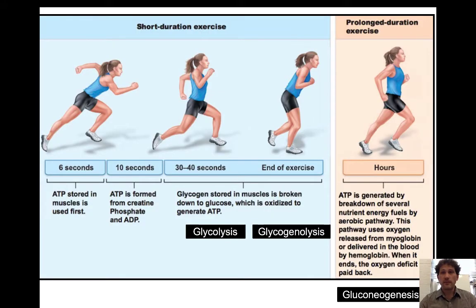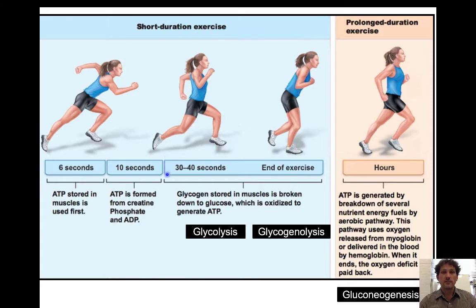If we look at our short duration exercises, what we can see is that, really quickly, the ATP that is stored in our muscles is used up fast, within about 6 seconds or so. Then within the next 4 or so seconds, we use up the ATP that's formed from creatine phosphate and ADP.